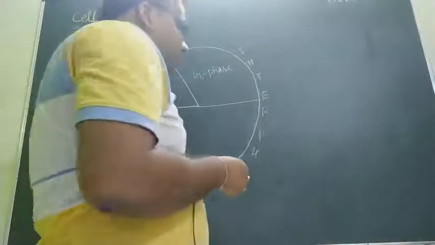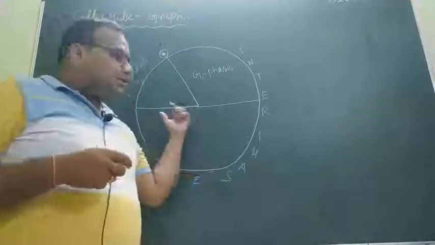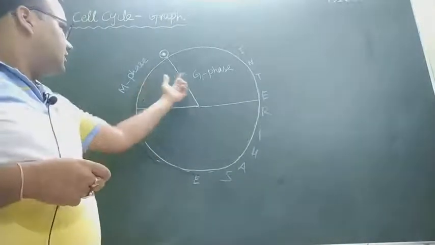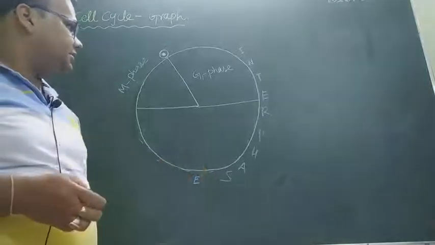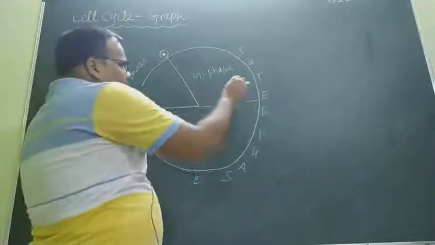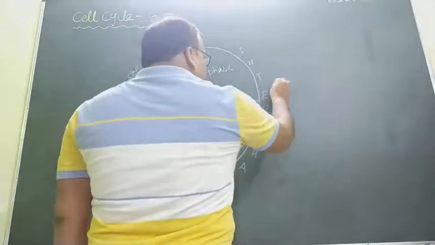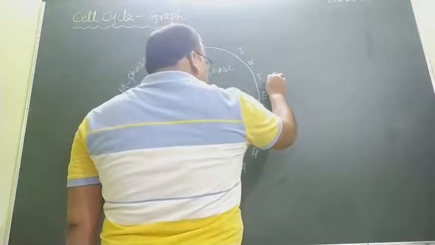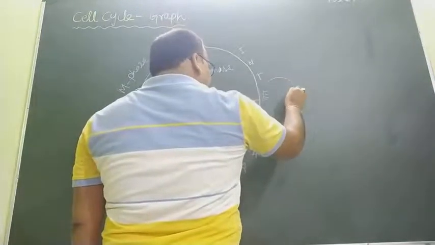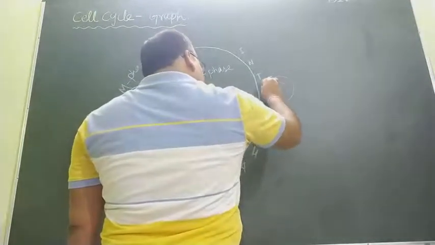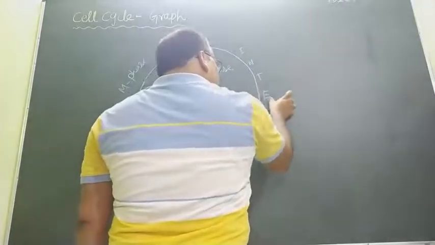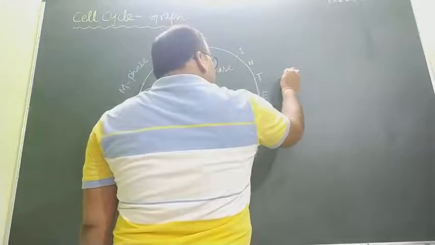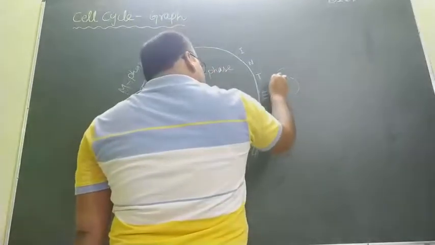क्या होता है? After formation of a cell, the cell first of all develops itself, increases its size, and after completion of the G1 phase, the cell size increases up to a considerable size.